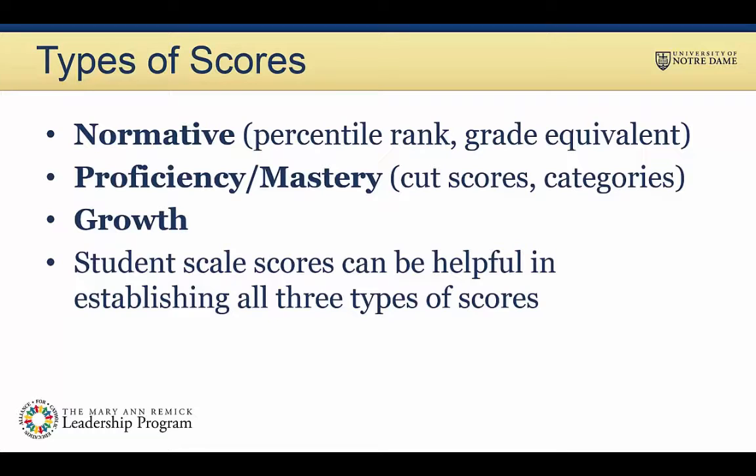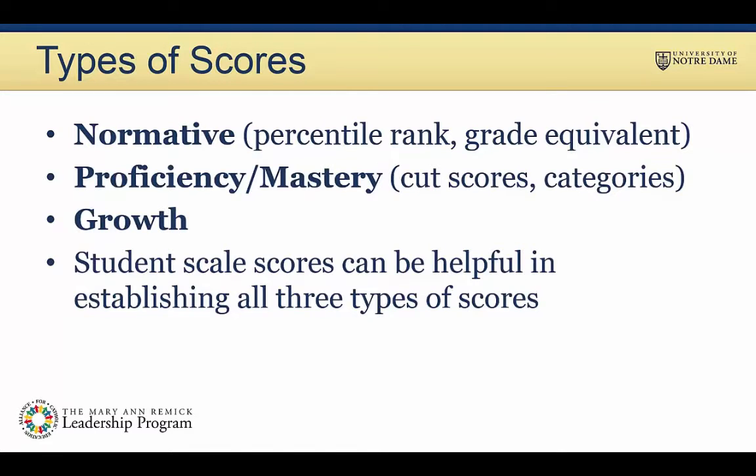And standardized tests are looking at growth scores and communicating them in more and more sophisticated ways. The scale score, which is accessible in the electronic versions of the data analysis tools that administrators and teachers have access to, is often very helpful in establishing all three types of scores, and particularly the growth score.